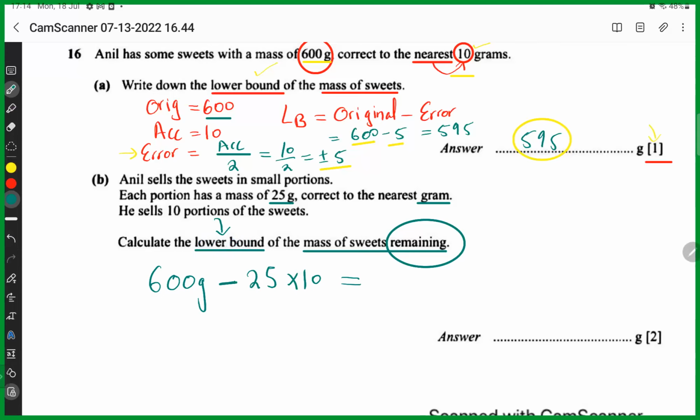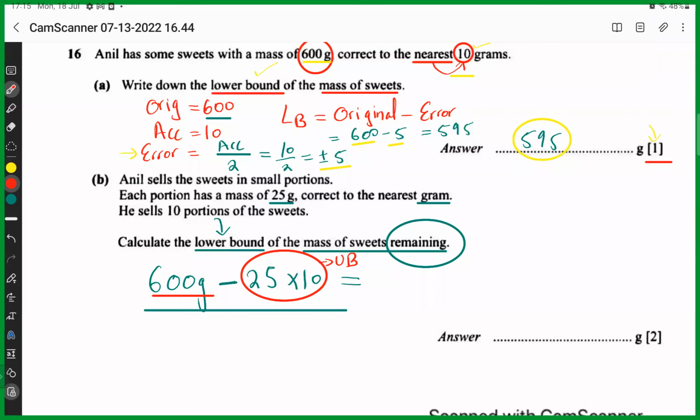When would you get the lowest possible value for this figure? When this thing would be its maximum. We need to find out the upper bound of this quantity, and then when I do 600 minus the upper bound of this quantity, that would give me the lower bound of the difference.